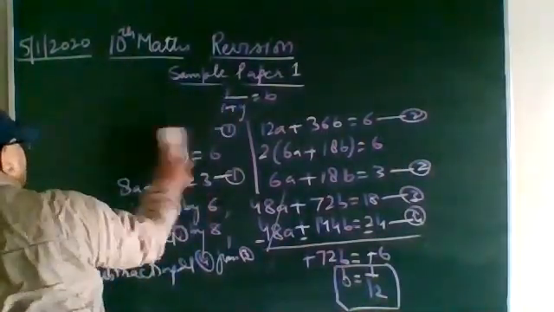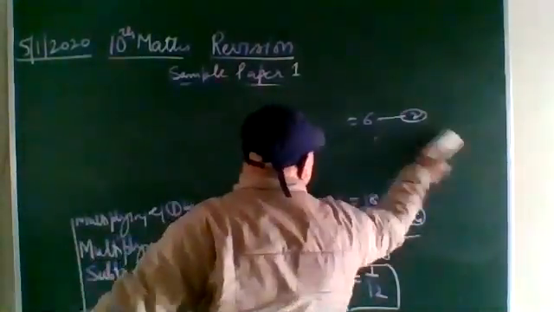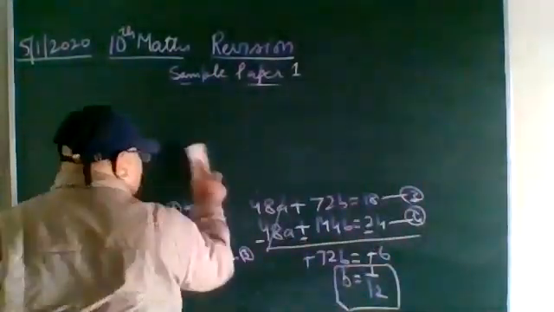Once b is found, you have to find a. So what will you do? Put the value of b in equation number 1 or 2.